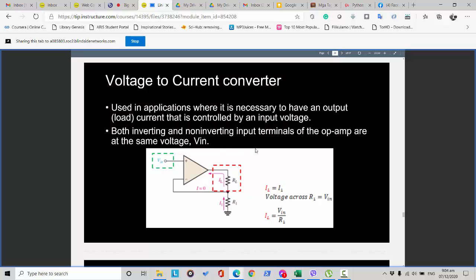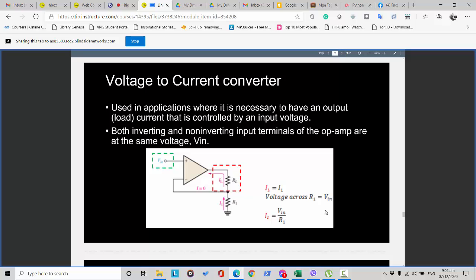The converter that you see here, as you can see from here, is required if your measuring instrument is capable only of measuring voltages and you need to measure the current output.